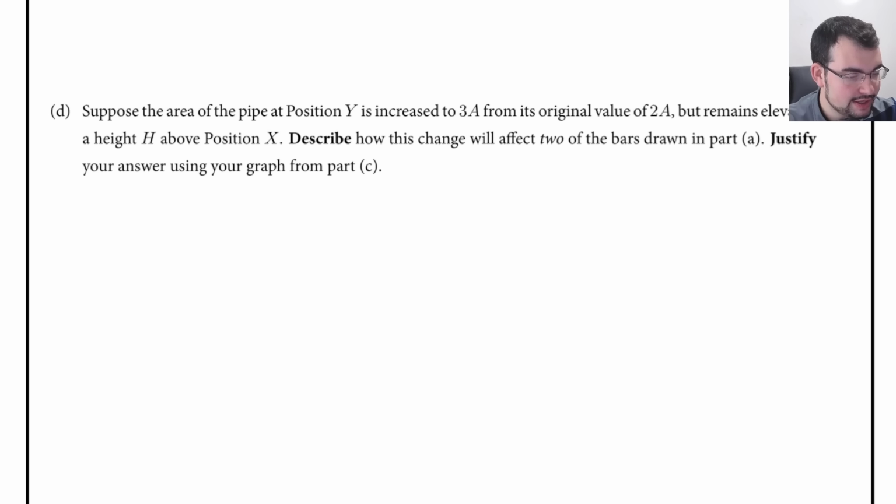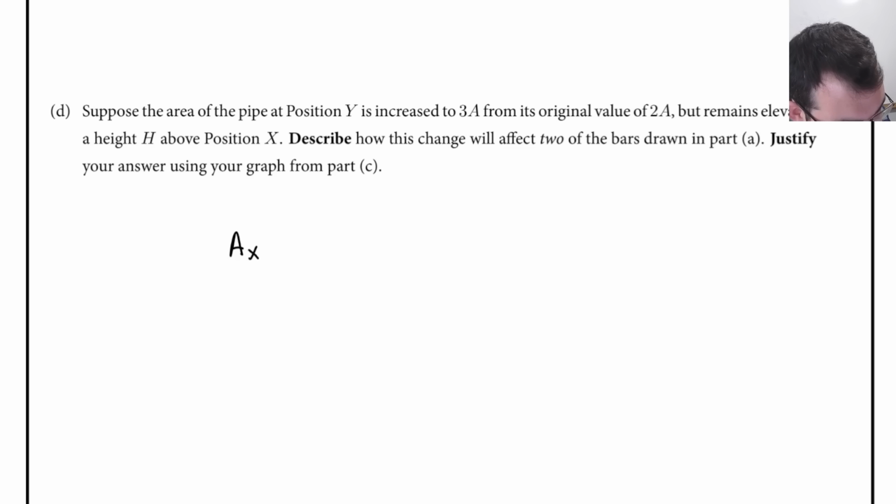All right, suppose the area of pipe X is increased to 3A from 2A and remains at a height h. Describe how this will affect 2 of the bars drawn in part A. Justify using your graph from part C. So what is the most direct change from this? Well, we know that area is going up. So if it's area, we're going to use continuity yet again.